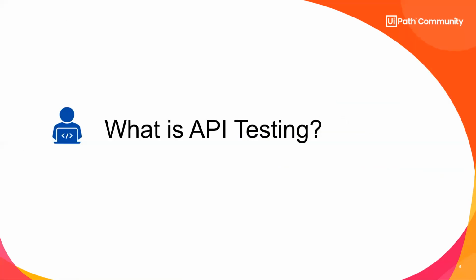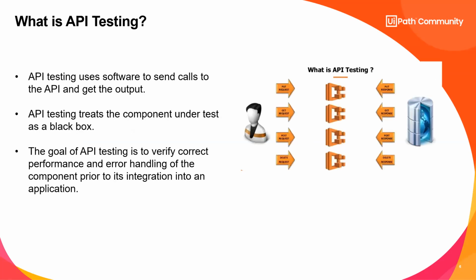Now, what is API testing? As we all know, API is just a logic or a messenger that takes the request from the user, gets the response from the application, and provides the response back to the user.